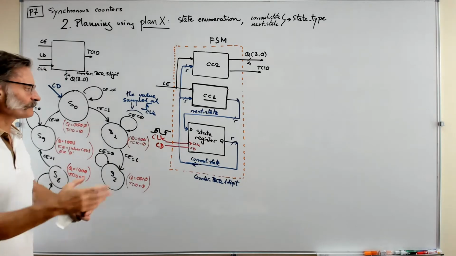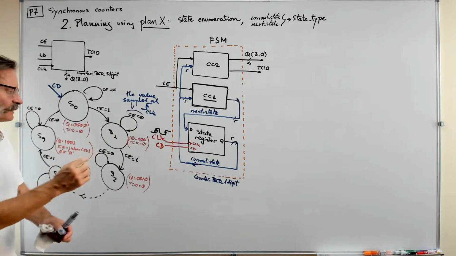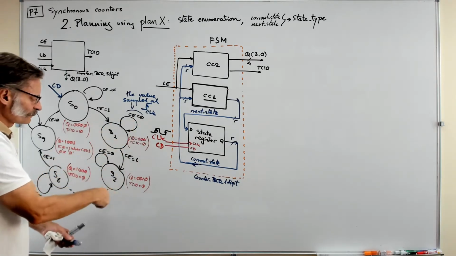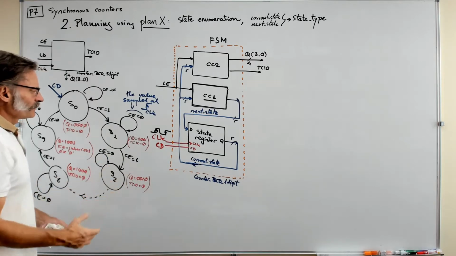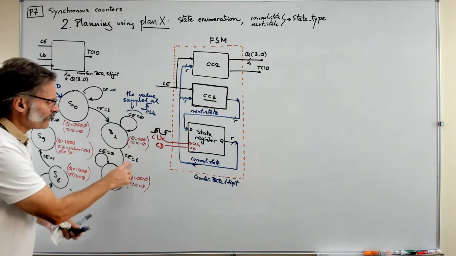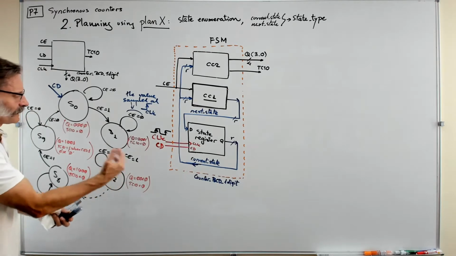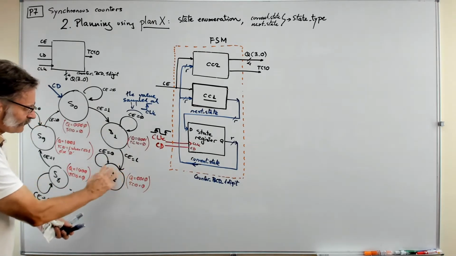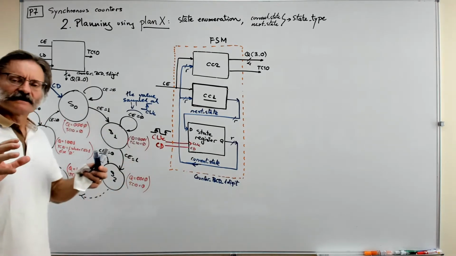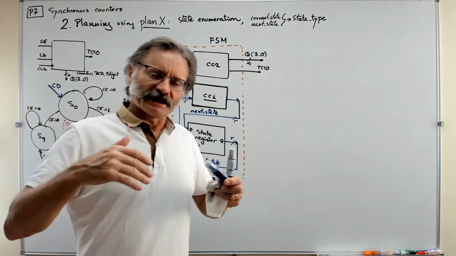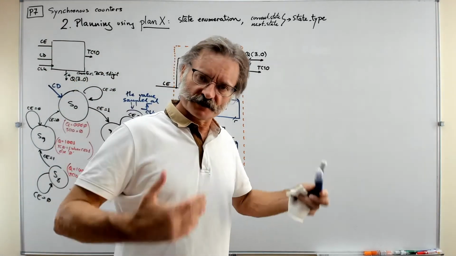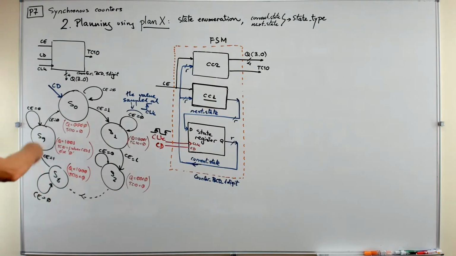If at this time the count enable is 0, for example, you want to repeat the current state in which you are. But if you are sampling a 1 at the rising edge, you want to go advancing. So there is this idea of a different BCD number per clock if you allow the system to count.